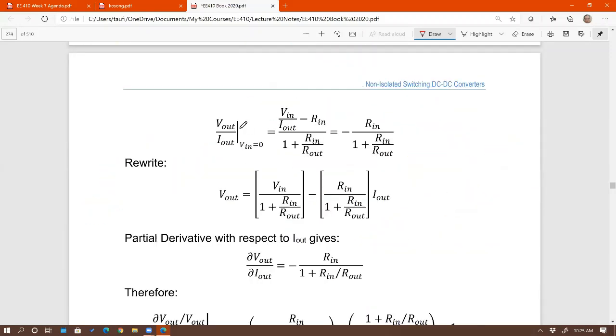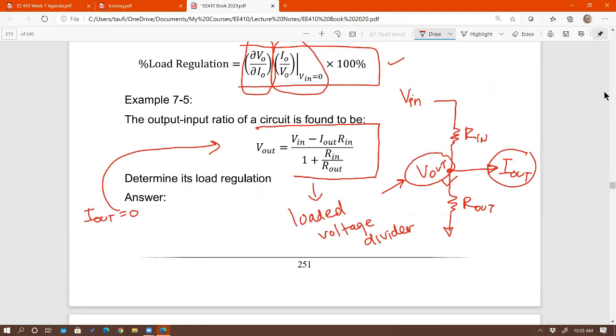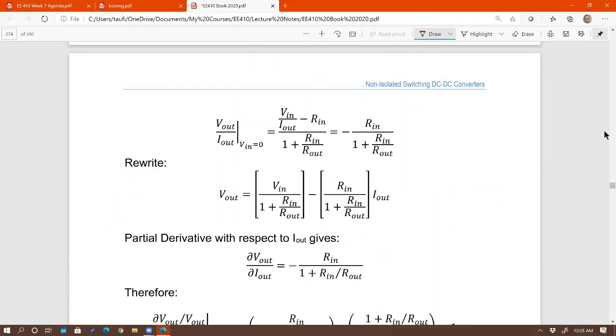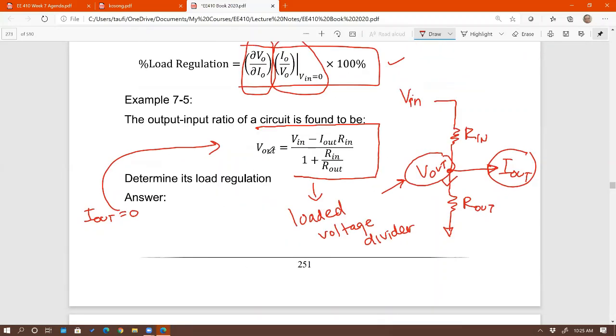Okay. So V out over I out is equal to V in over I out, and so on. How do I get this? It's from the equation earlier. V out over I out, so I'm going to divide both sides by I out.